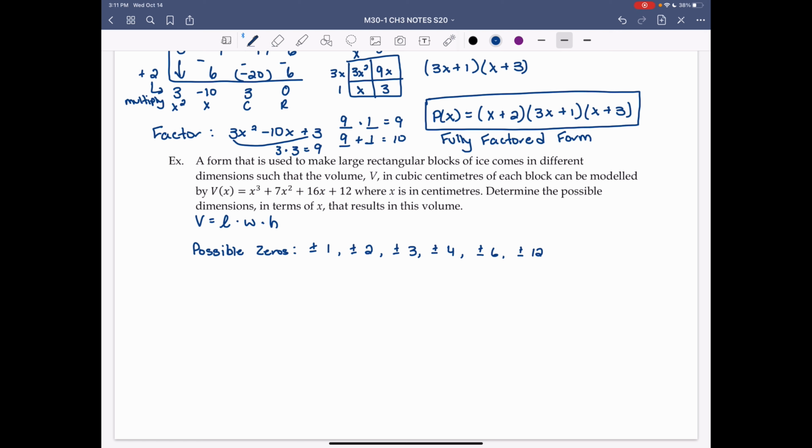So I plug in -3 into our polynomial. V of -3 equals -3 in brackets cubed plus 7 times -3 in brackets squared plus 16 times -3 plus 12.